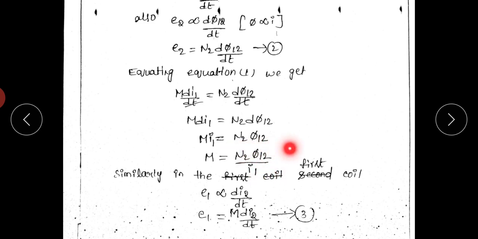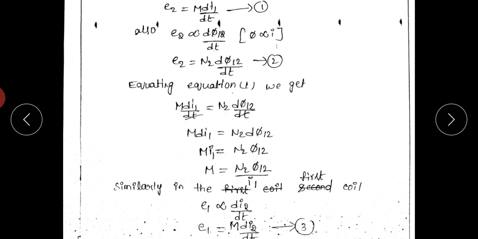The numerator is the flux linkages in the second coil due to the first coil flux, and the denominator is the first coil current. This is called mutual inductance. The mutual inductance is represented by M, and the units are henries.